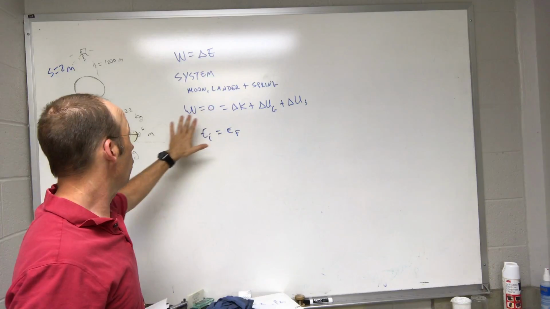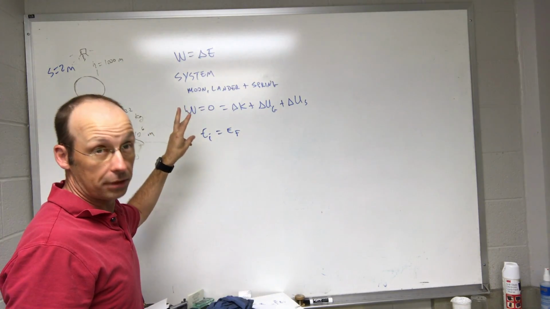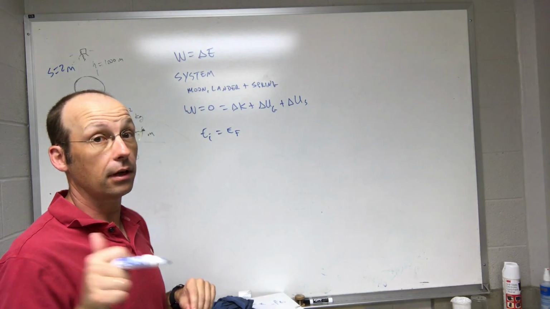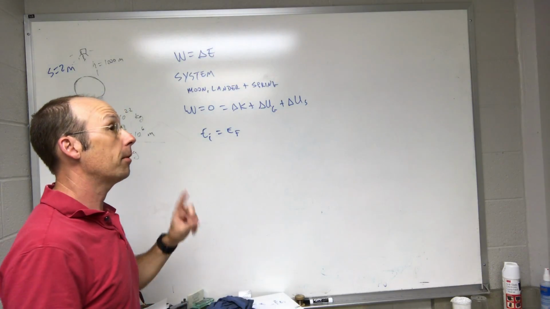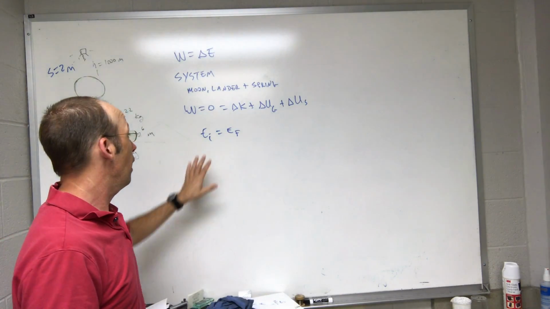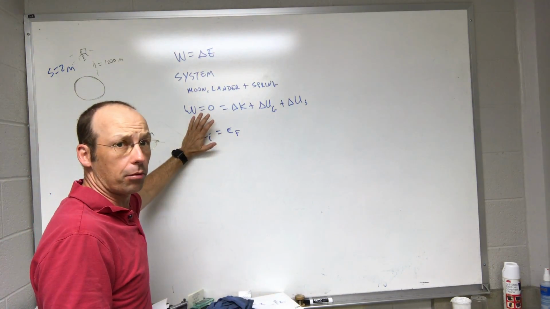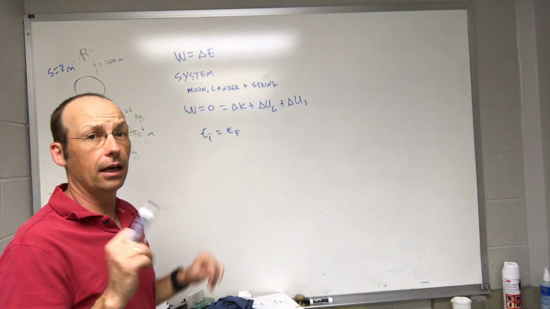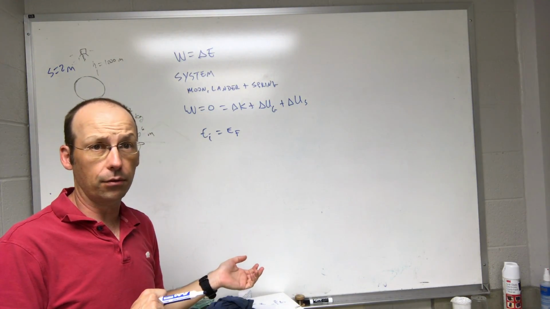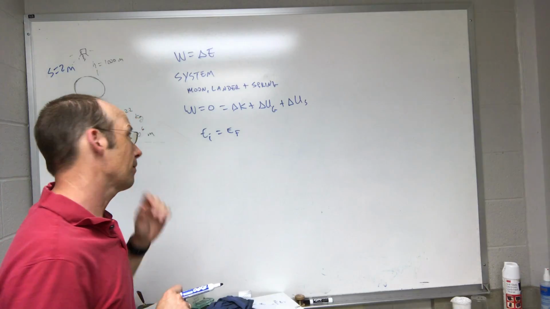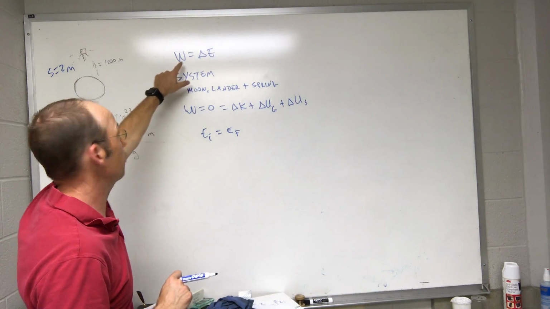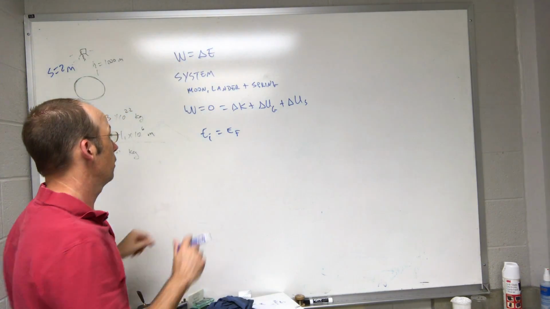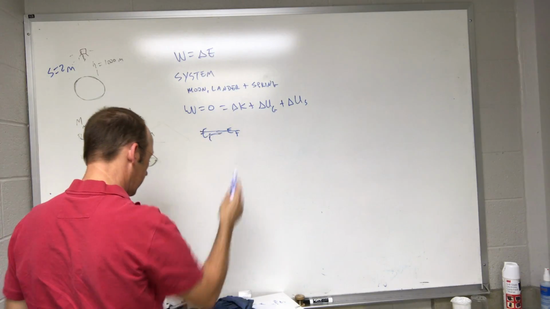That the total kinetic plus potential would be the final kinetic plus potential. But only because there's no external work. I think this is not the best way to approach it. I wouldn't get in the habit of saying energy final is equal to energy initial. I would rather start from this. Okay. So it turns out to be true, but let's not do that.